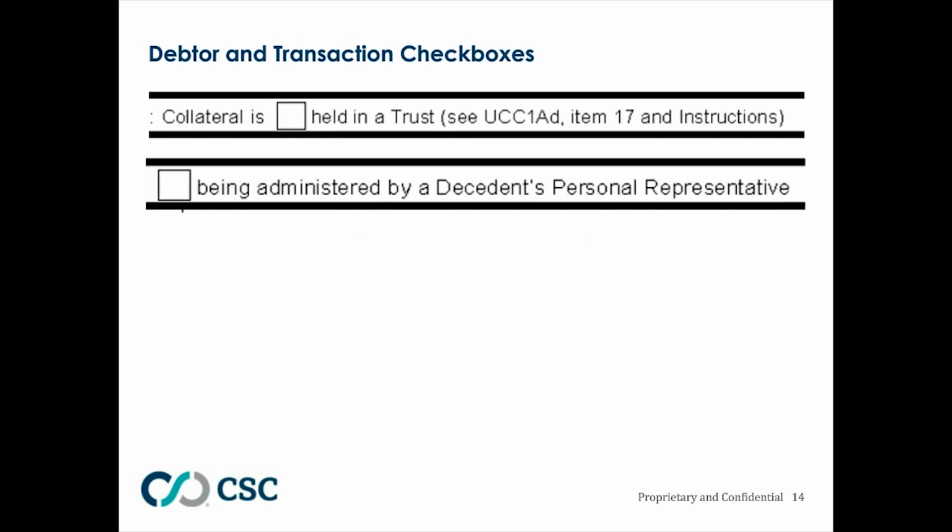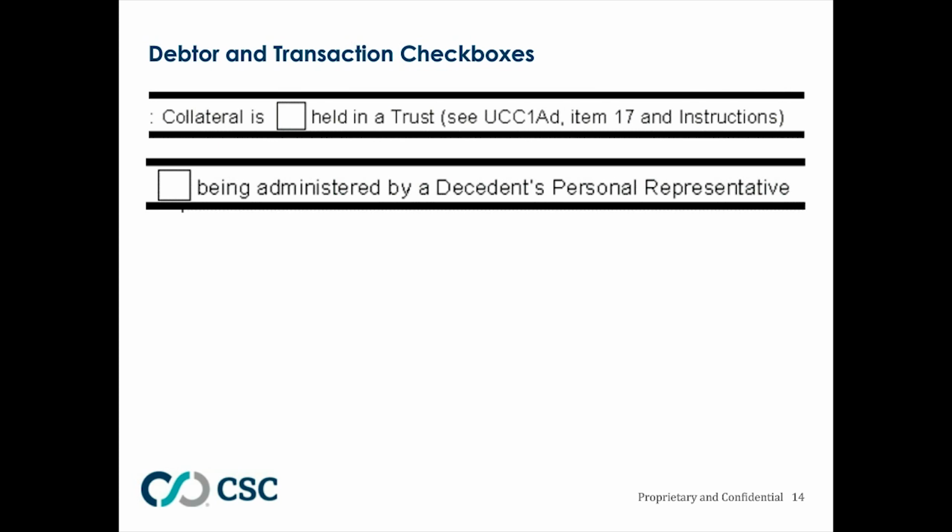The financing statement also includes checkboxes related to the debtor and collateral status. These are for purposes of the sufficiency of the debtor name. There are two checkboxes for this purpose. One is to indicate that the collateral is held in a trust, and the other is to indicate that the collateral is being administered by a decedent's personal representative. Now, these checkboxes are very important.